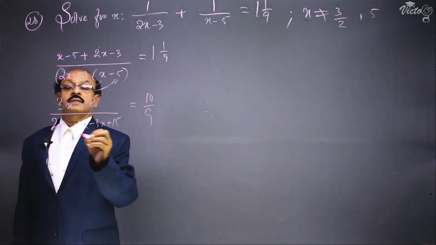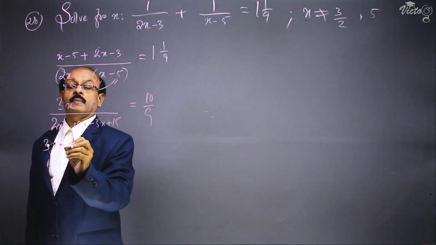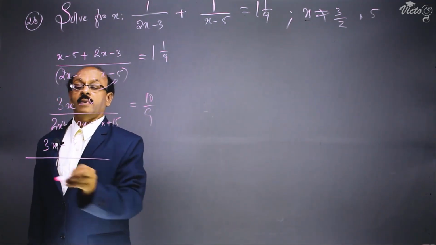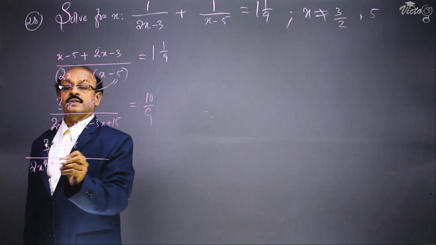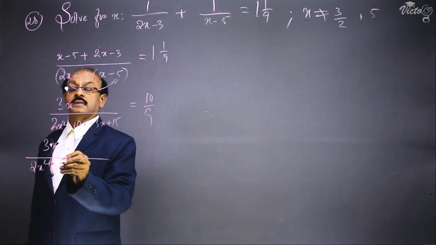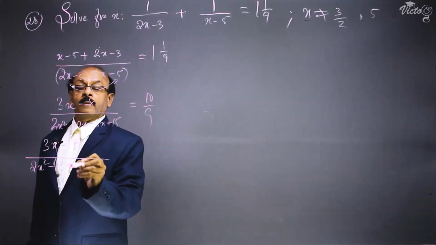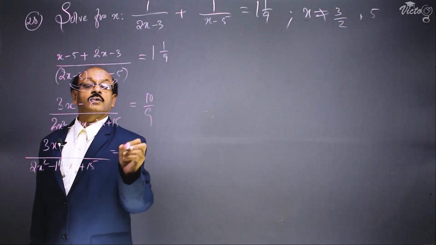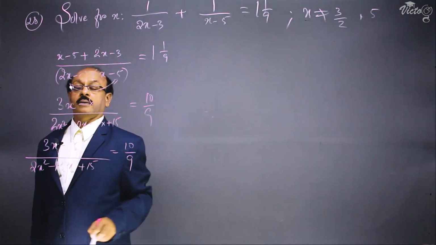Now 3x minus 8, the whole divided by 2x square minus 10x minus 3x, which is equal to minus 13x, plus 15 is equal to 10 by 9.